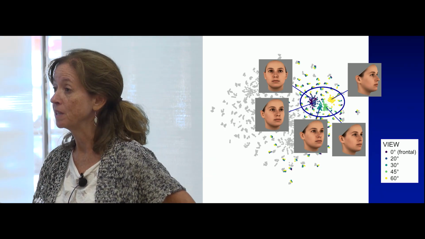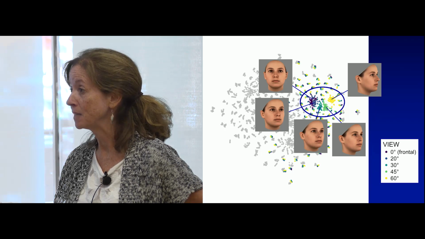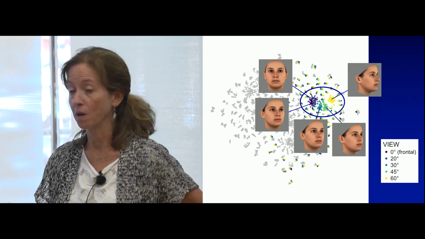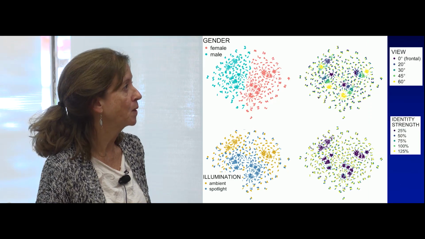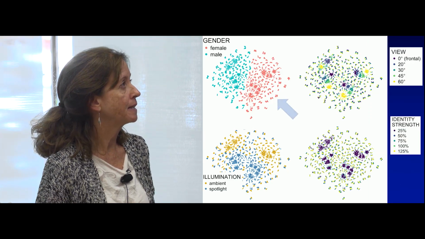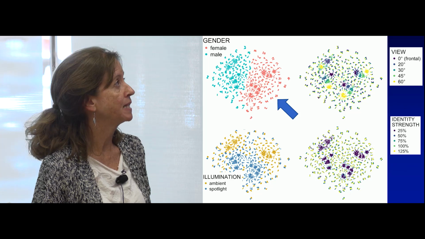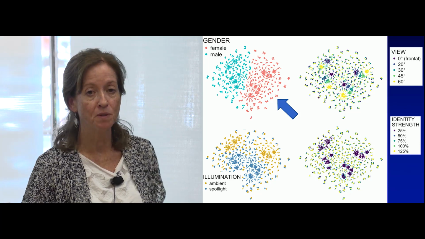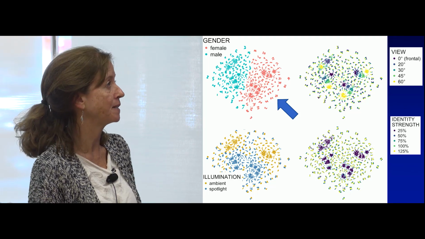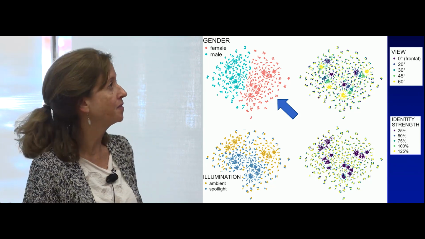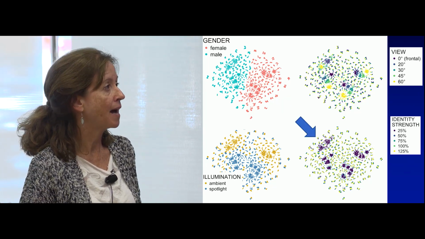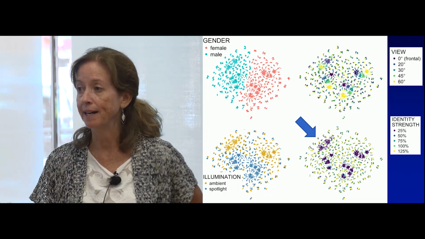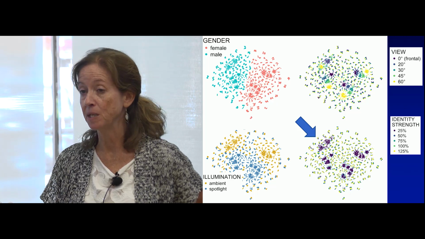So it's, in a sense, a grouping based on the best available information when identity is not working for it. Okay, so a little bit in summary here, we have a face space where gender is bifurcated very nicely, so that preserves the older properties of the good face spaces that we've come to know and love. And then you have identity strength here as being, I think, the psychological analogy of typicality.